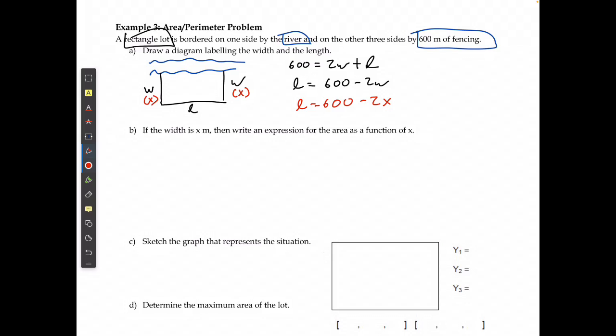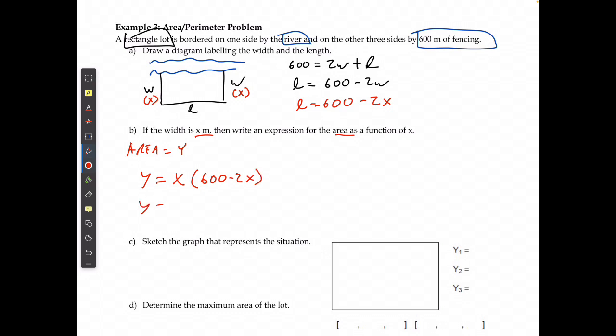If the width is x, then write an expression for the area as a function of x. Well, area, once again, I'm going to say is y. So the area, y, is going to equal the width, which is x, multiplied by the length, which was 600 minus 2x.